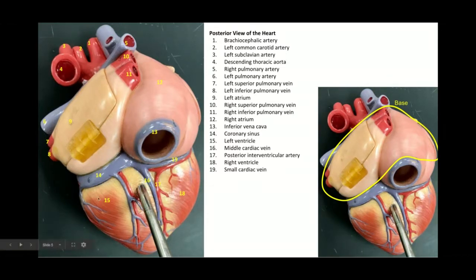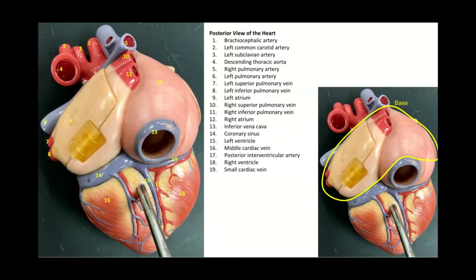In this picture, you can see one sulcus here. This sulcus is called coronary sulcus. This coronary sulcus can host the blood vessels of the heart. And you can see number 14 and number 19. As you see in this picture, number 19 is much smaller than number 14.